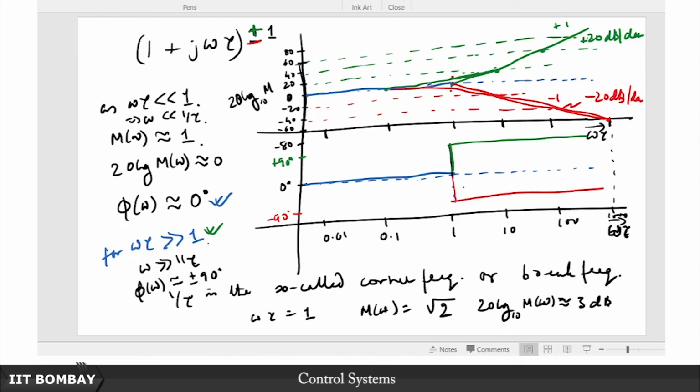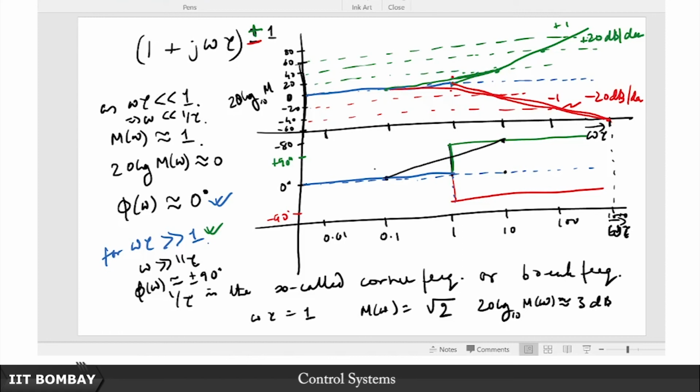Some textbooks actually do that, they just plot the asymptotic version. But if you want to join it smoothly, there are two different ways that different textbooks adopt. In some textbooks they will just go 1 decade below and 1 decade above, and they will not continue with this asymptote all the way up until the break frequency. So what they will do is just join this point with this point.